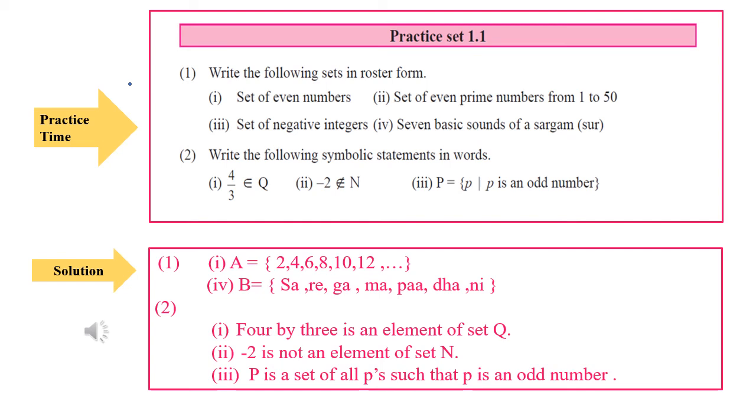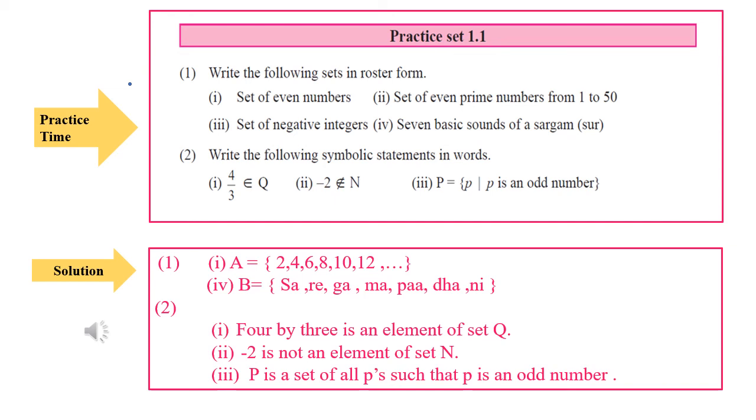So which are the even numbers? We start from 2, 4, 6, 8, 10, 12 and so on. So here we have our answer written in brackets with 2, 4, 6, 8, 10, and then as it is an infinite set, means it is not ending, you will write 3 dots and then close the bracket.